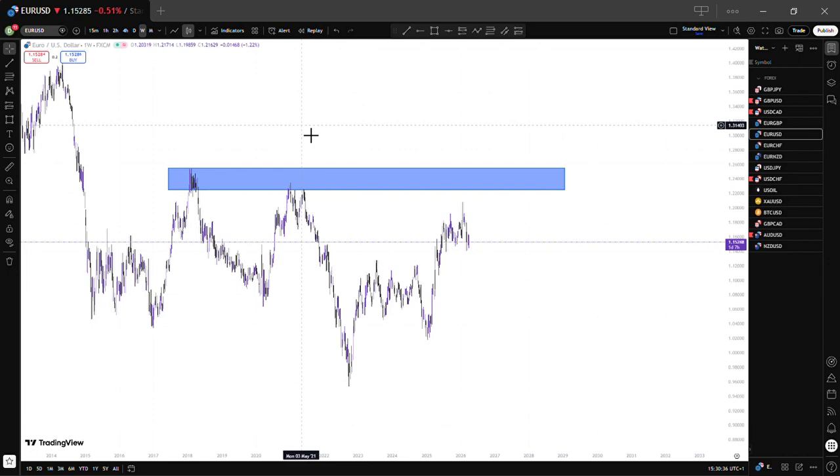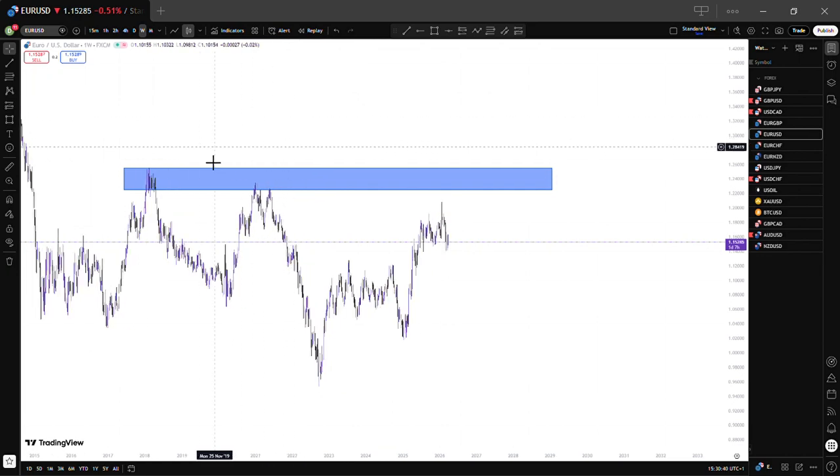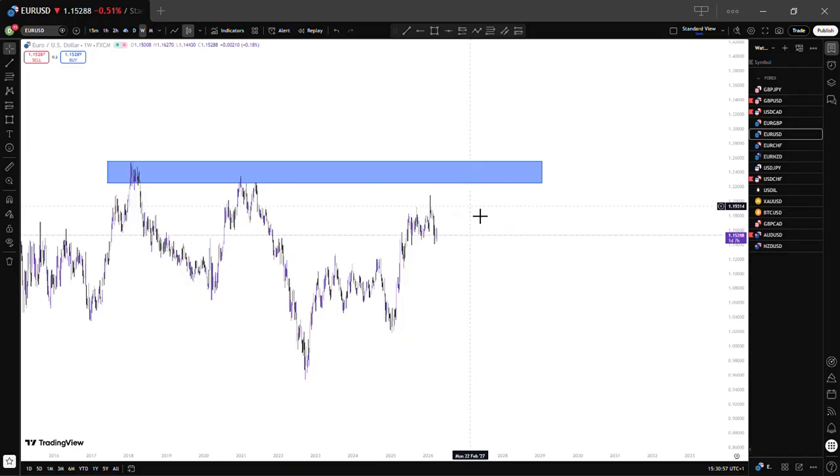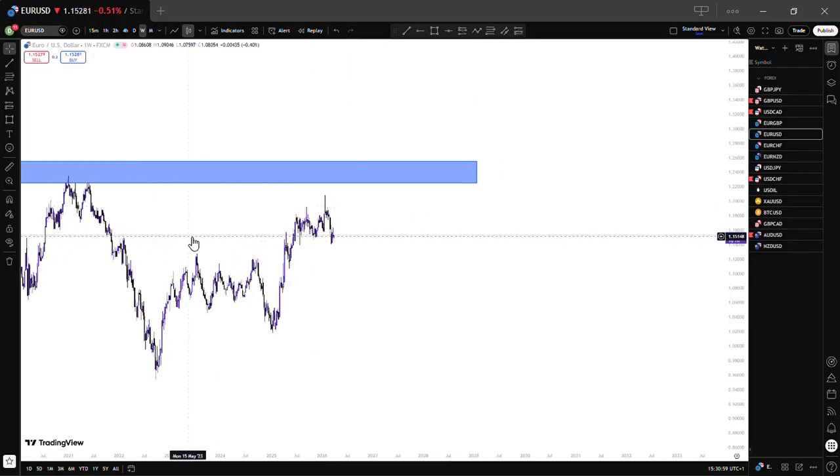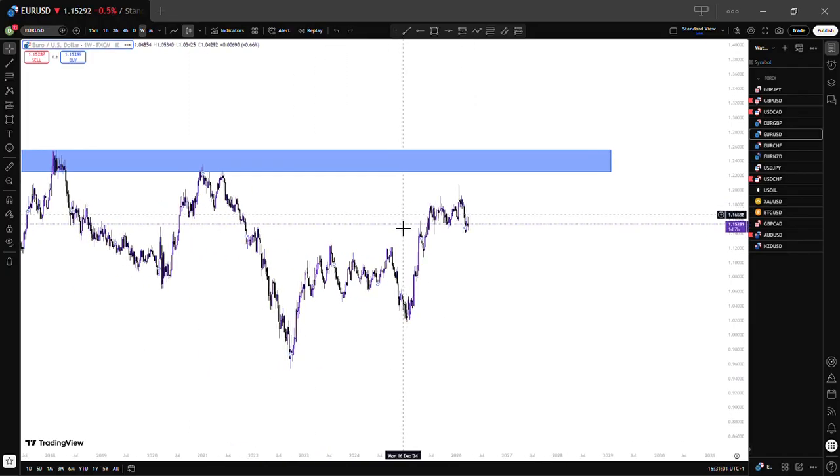So generally, on a downtrend, we have this point here that has been holding since February 2018, held again in 2021, and now we are rallying back into that zone in 2026. So you see it's years apart. That is a zone we have identified on the weekly time frame.